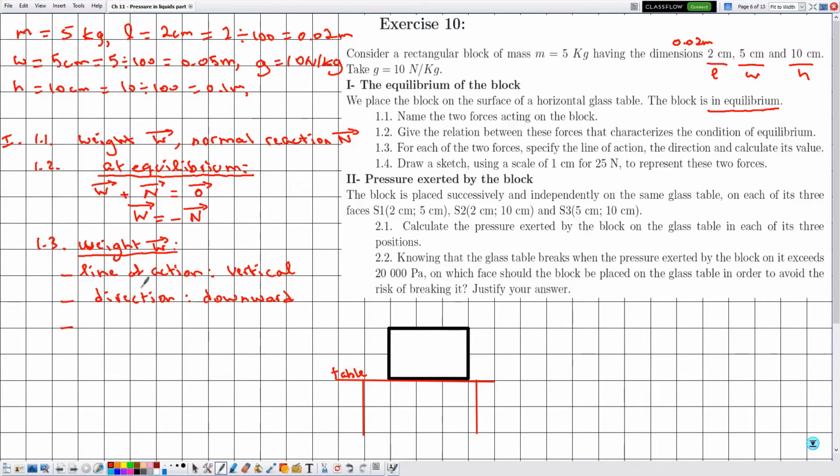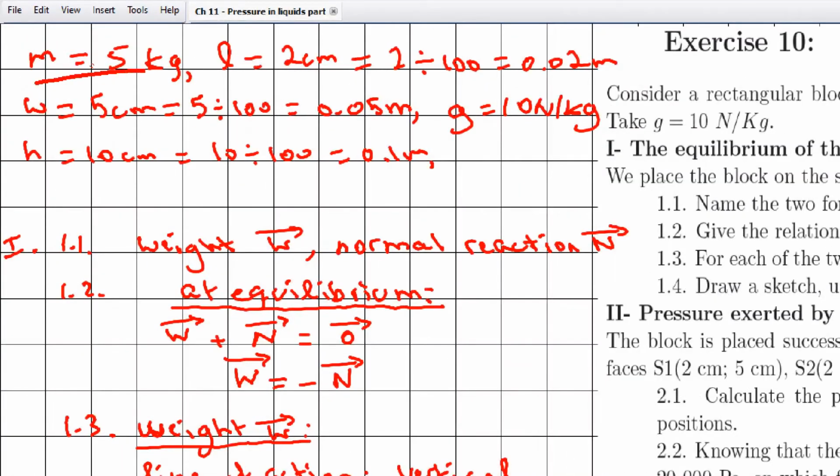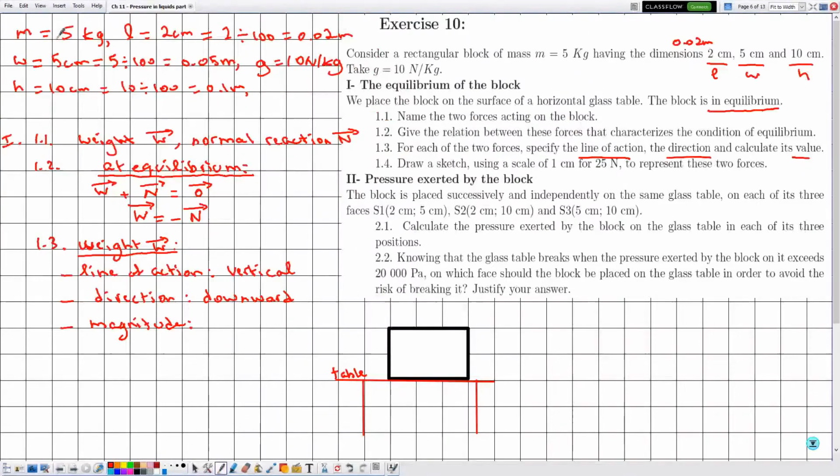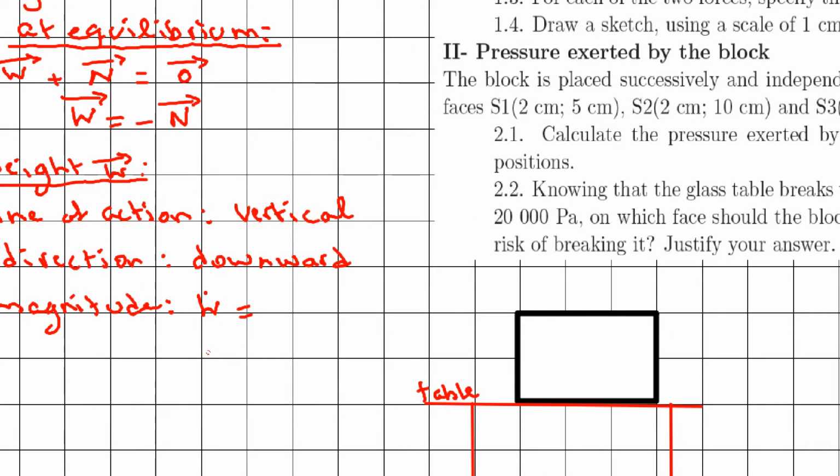Notice that I didn't list the point of application because we are not listing all the properties, we are just listing the line of action, the direction, and the value. The value corresponds to the magnitude. Now the magnitude, notice that here we have the mass and we have the value of g. Then the magnitude of W can be calculated using, notice that I didn't place a vector for the W because it is the magnitude, and whenever we have the magnitude we drop the vector.